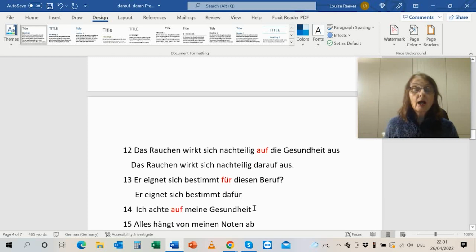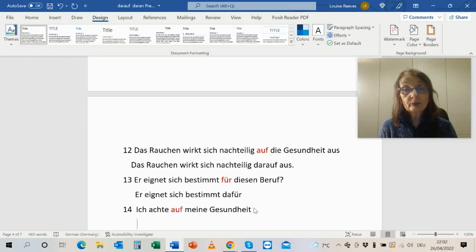Ich achte auf meine Gesundheit. I take care of my health. Because I've highlighted the auf, this won't be highlighted for you in the exam, so you have to watch out. So, ich achte darauf. There you have the r because of the two vowels.